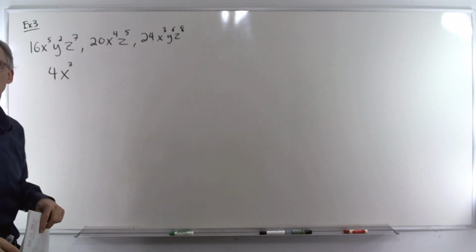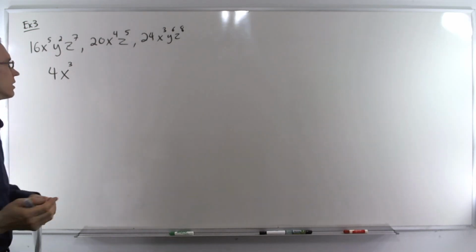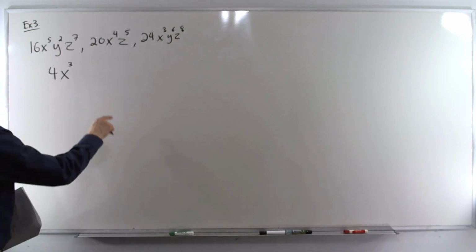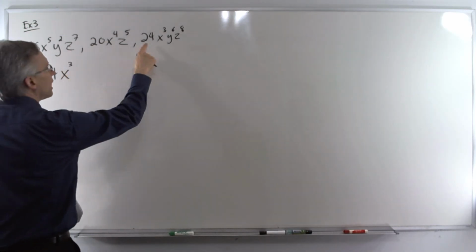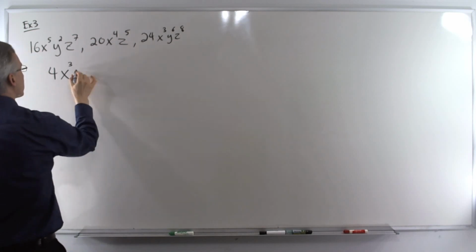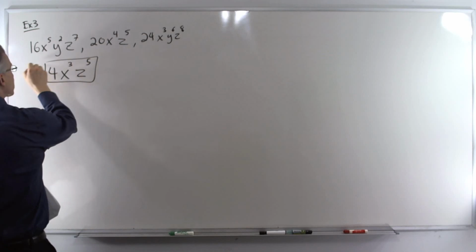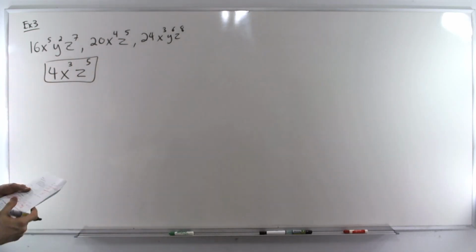The base has to be included in all of the monomials to be in the GCF. So there'll be no y in the GCF. Z's, we have 7, 5, and 8. So 5 is the smallest, z to the 5th. So the GCF is 4, x to the 3rd, z to the 5th.